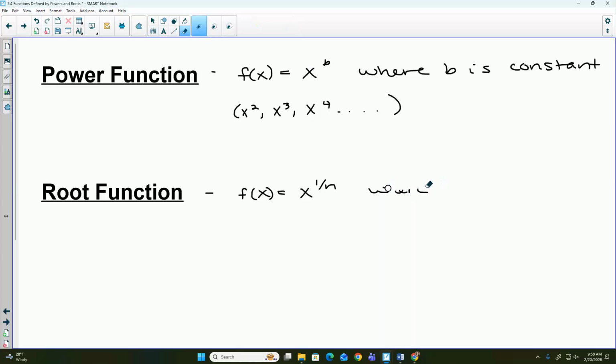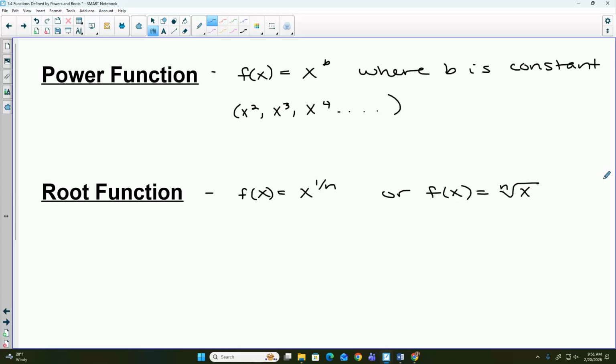If you have an exponent where it's 1 over something, that can be written as a radical. So the denominator becomes the index, so it's like the nth root of x. So we are looking at problems where we either have x to a power or we have x under a radical. Those are the two types of problems we're solving.